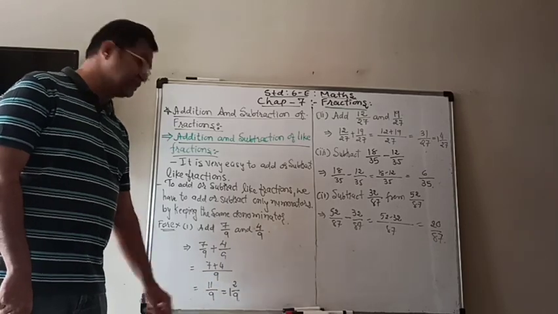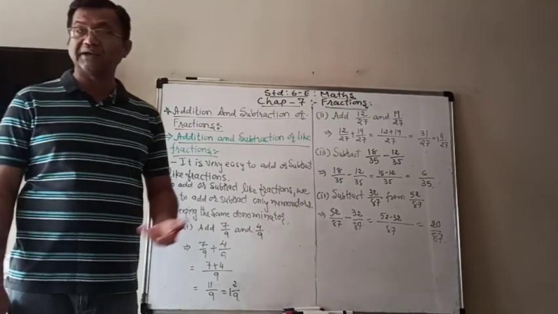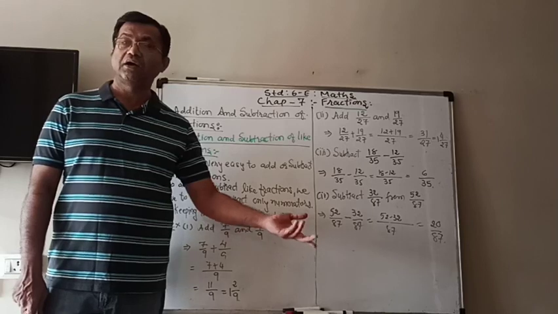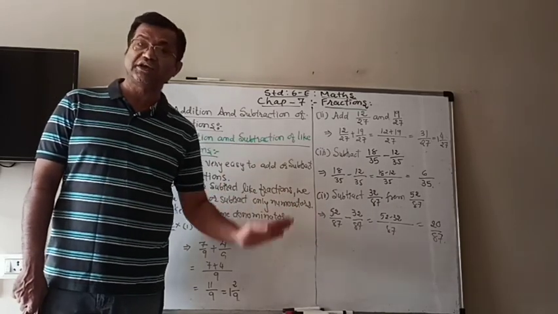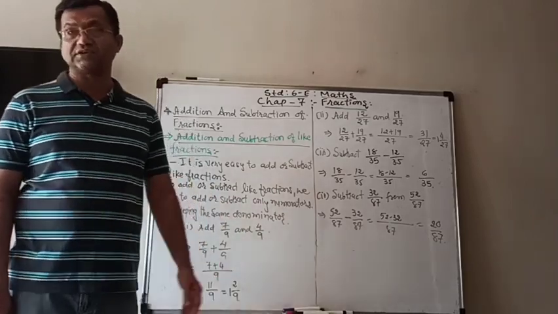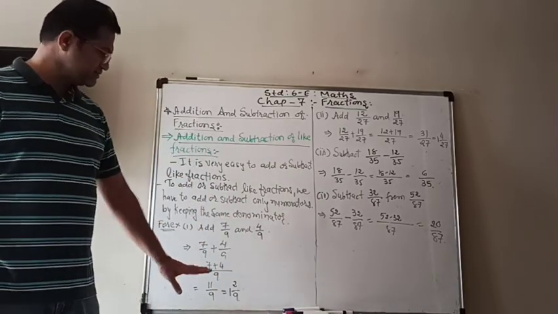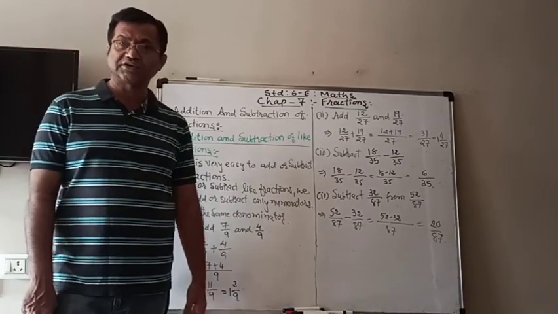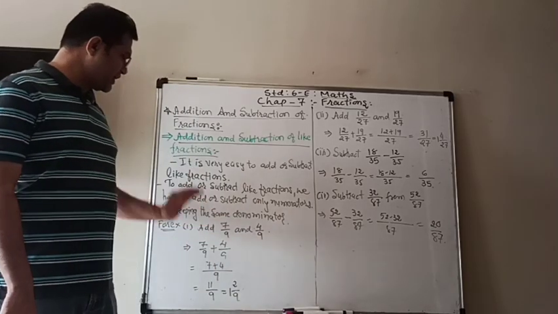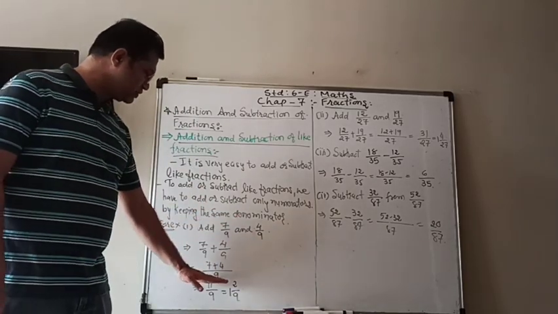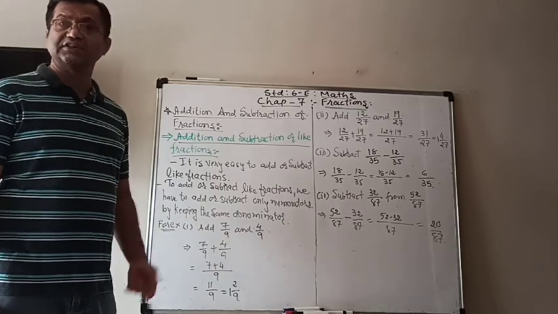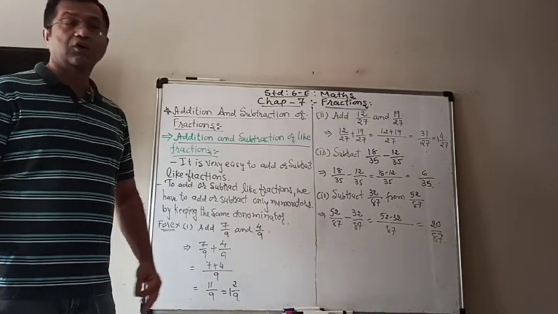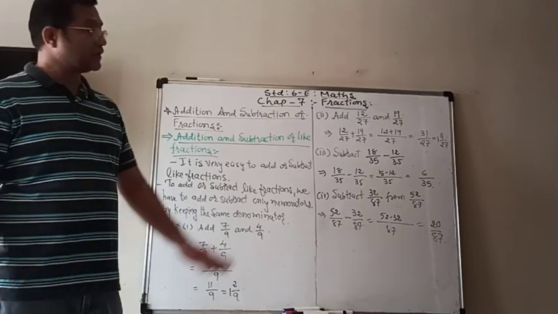So our answer is 11 upon 9, and as it is an improper fraction, we just converted it into the mixed fraction. Not necessarily, but we will do it. So it is very easy. Keep the same denominator and just add the numerators, and your answer is there.